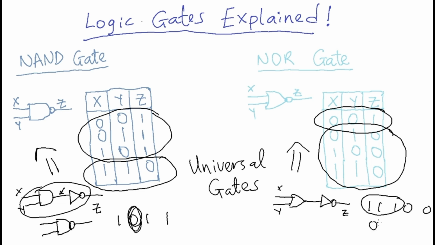If it had been zero, zero, zero, and one, it would still be the same thing because at least one of our inputs is a one, so our output would be zero. For the output to be one, each and every single input has to be a zero. So let's move on to our next pair of logic gates.